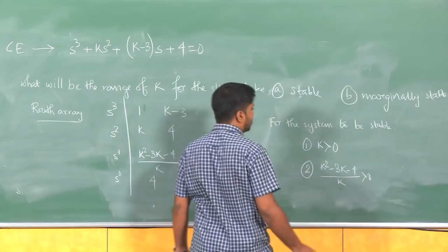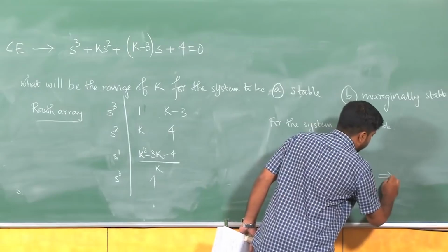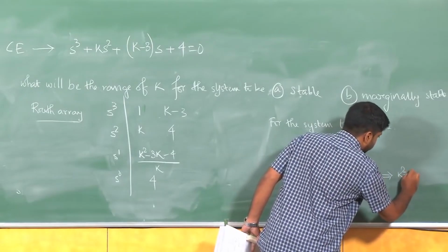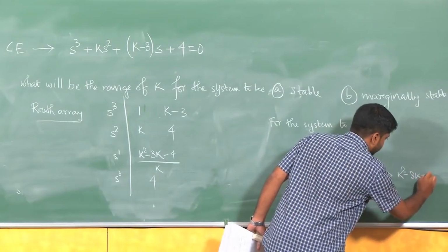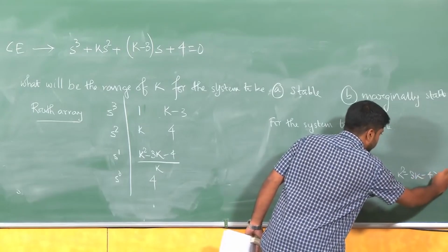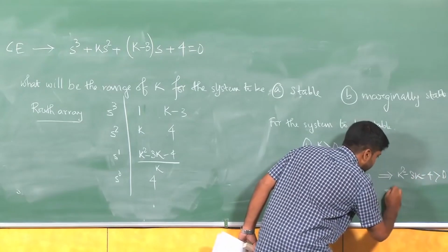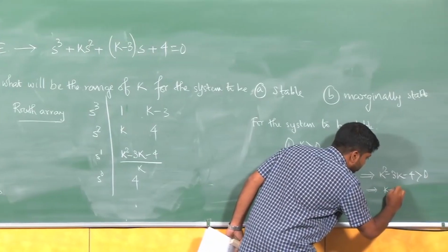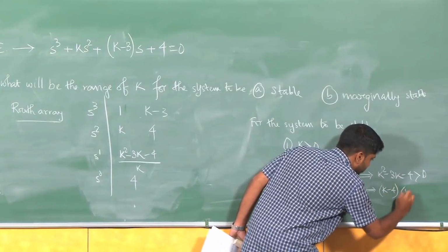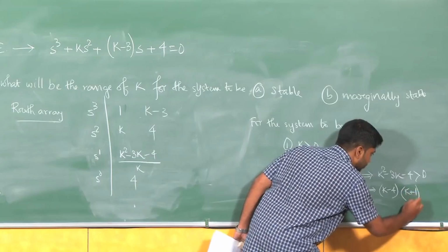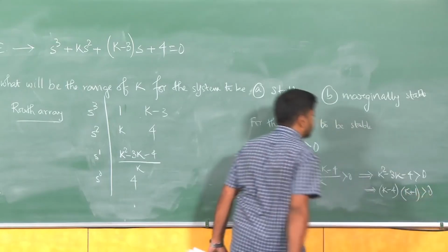Since k is positive, it implies that k square minus 3k minus 4 is greater than 0, that is (k minus 4) into (k plus 1) is greater than 0.